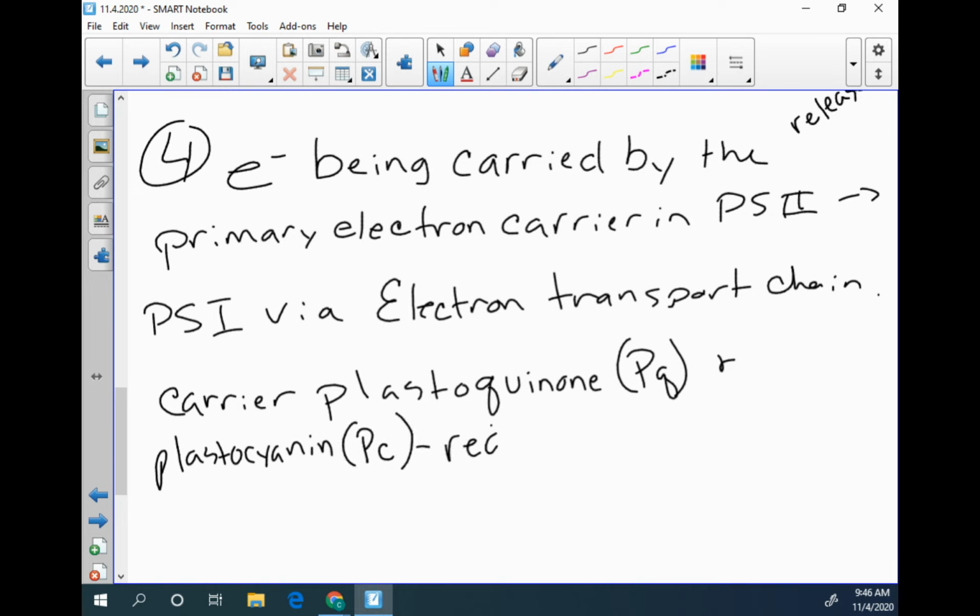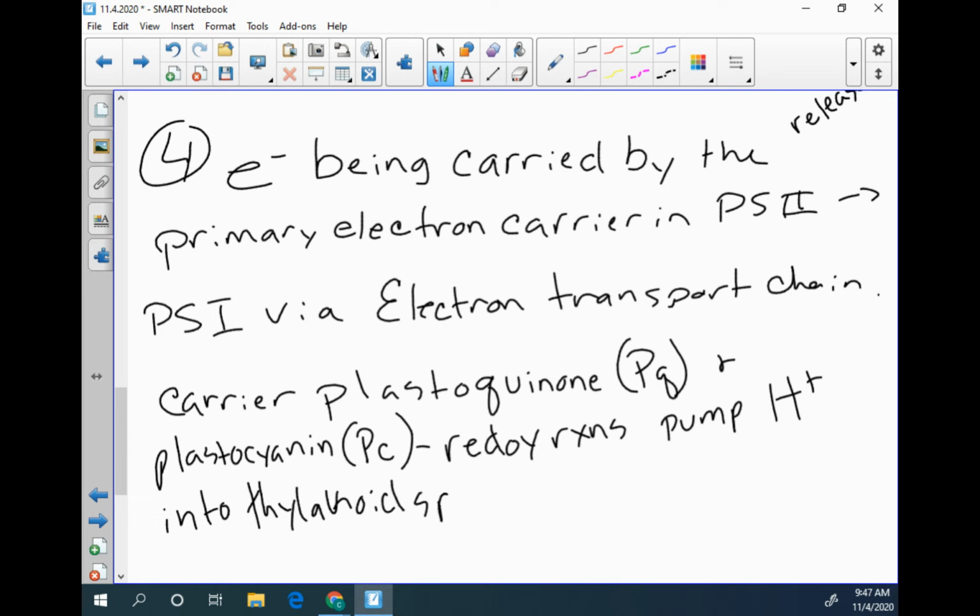They use redox reactions and pump more H plus into the thylakoid space, just like the electron transport chain in cell respiration.